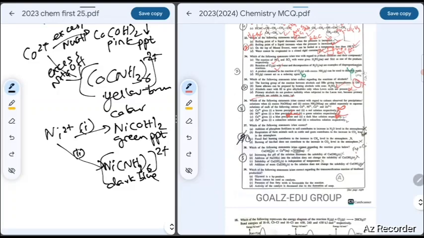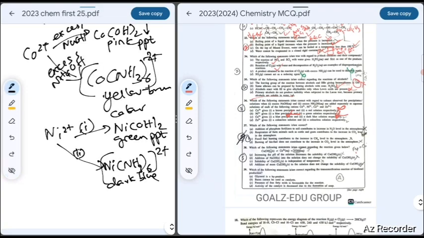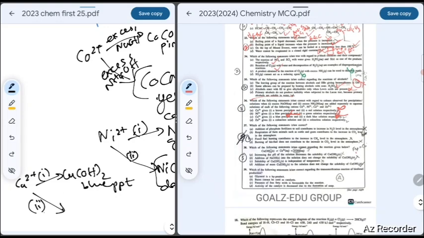Next we'll go for C. Copper 2 plus gives a blue precipitate and dark blue solution. Let's see. Copper 2 plus will form copper hydroxide, which is a blue precipitate, and with excess ammonium hydroxide it will form the amine complex Cu(NH3)4 2 plus, which is dark blue in color.